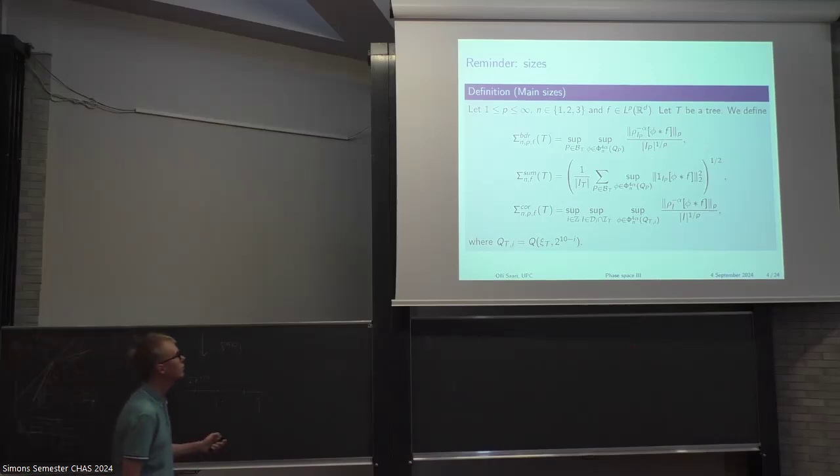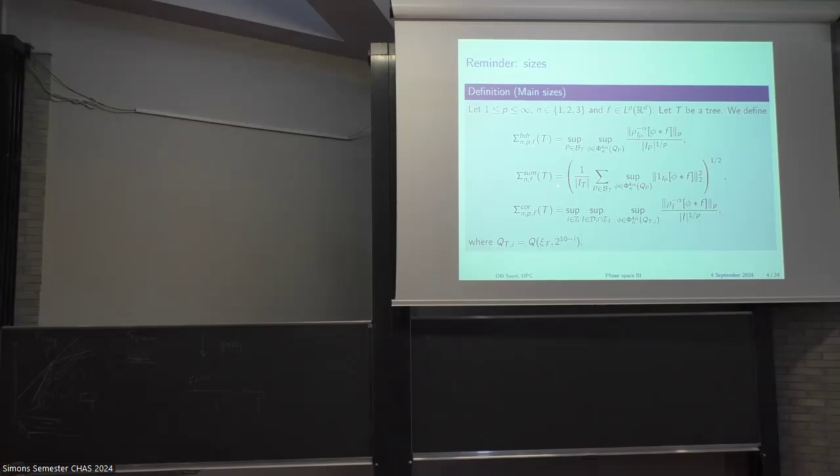Okay, and then the third size is this sum. Now we again take the frequency and time projection as above, but instead of taking L infinity over the family of tiles, we take a little L2 sum over these things, and we normalize by the measure of the support of the tree.